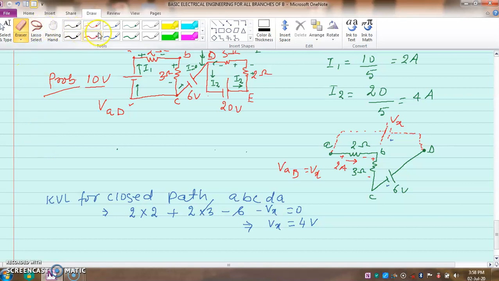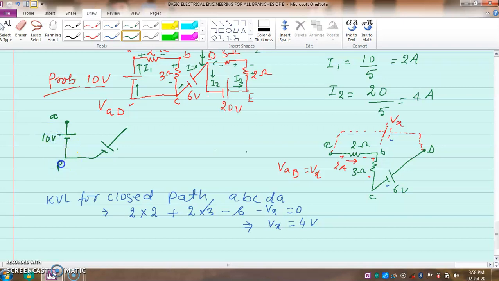Suppose you are choosing another path like this. Suppose you are going from A, this is your 10 volt, this is negative, this is positive, and this is your point A. This point is 10 volt.